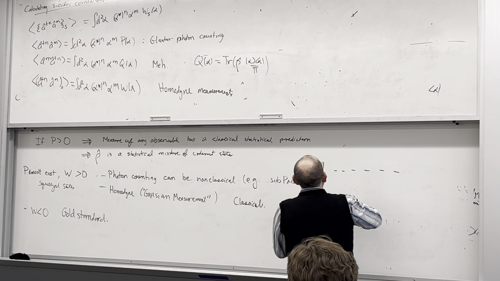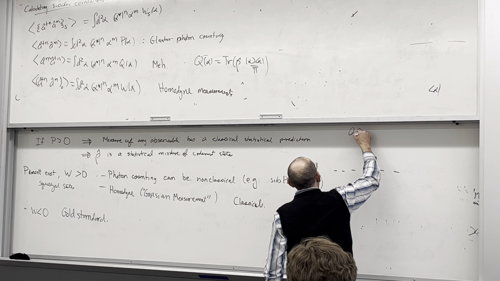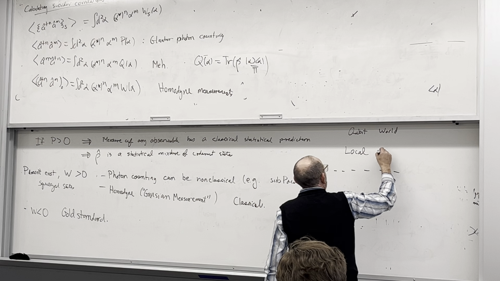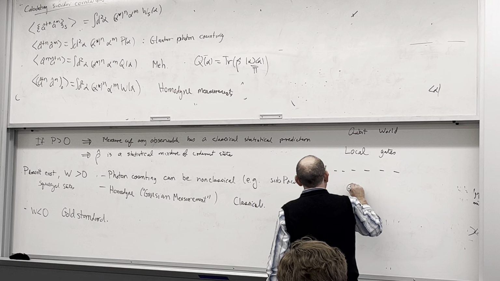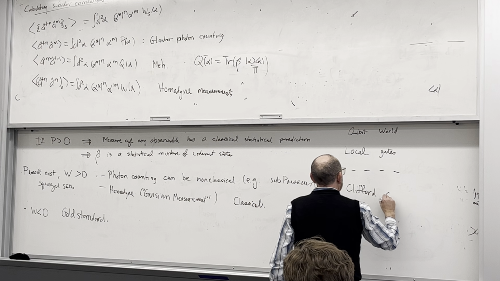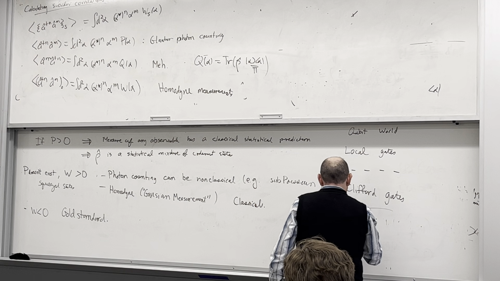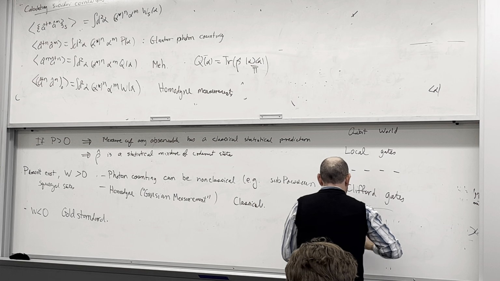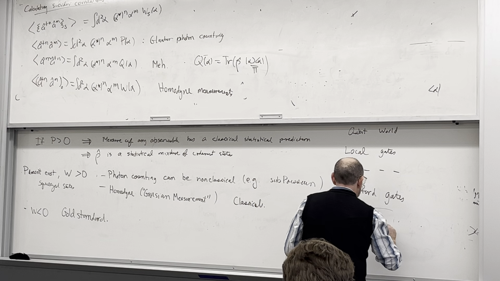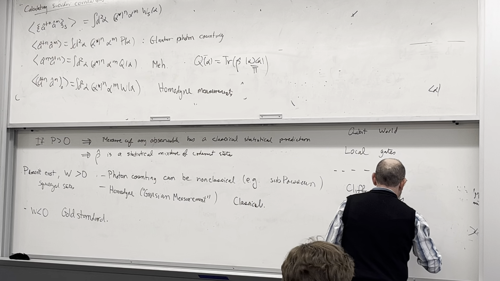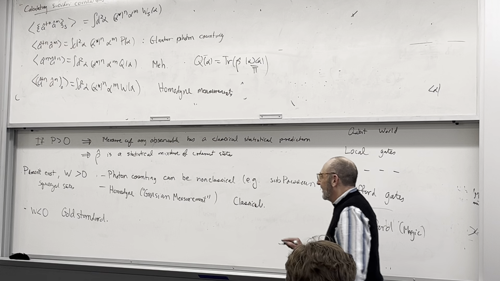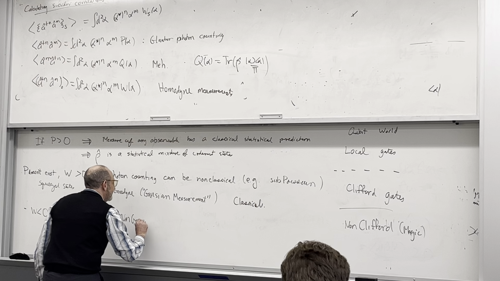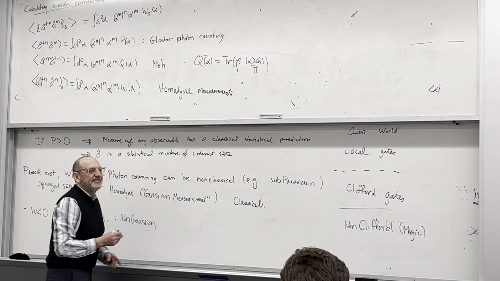In the qubit world, this is a little aside for those who know this, we have local gates, we have Clifford gates, and non-Clifford, or magic. The non-Gaussian states are like magic states.